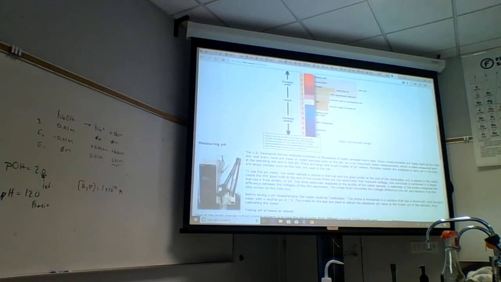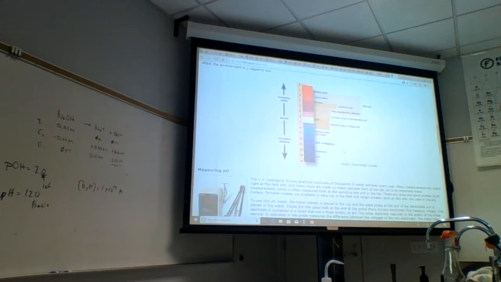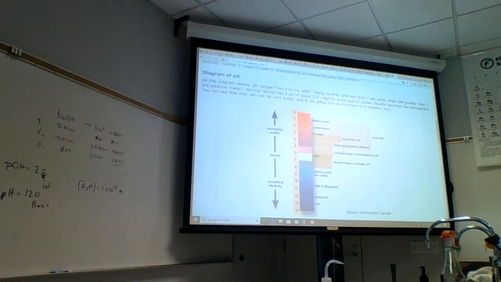Let's see what's in the range here. It's from USGS.